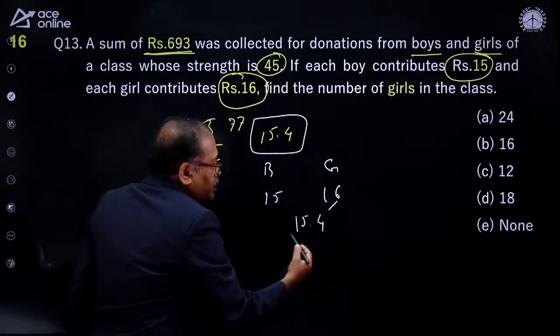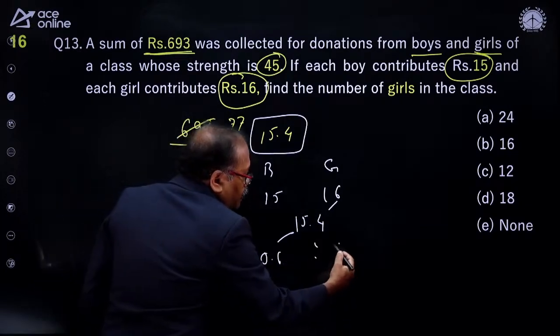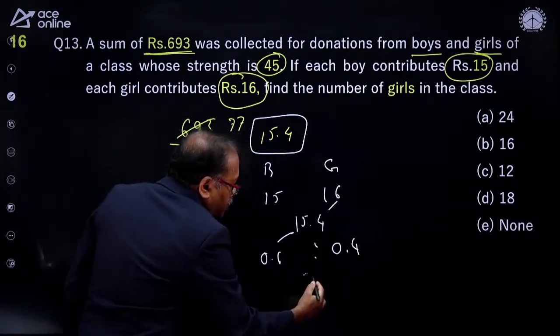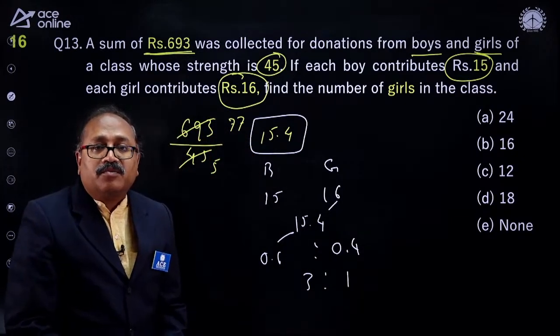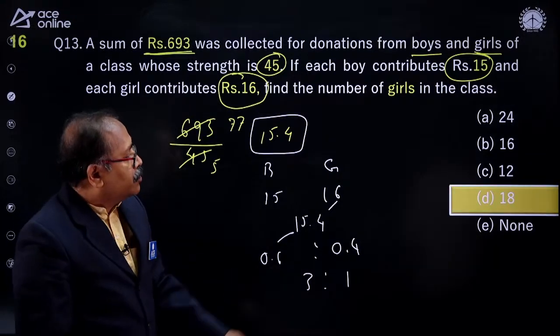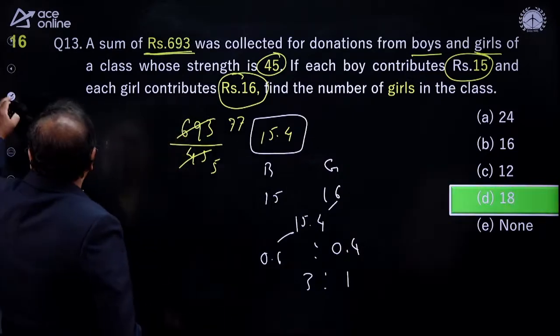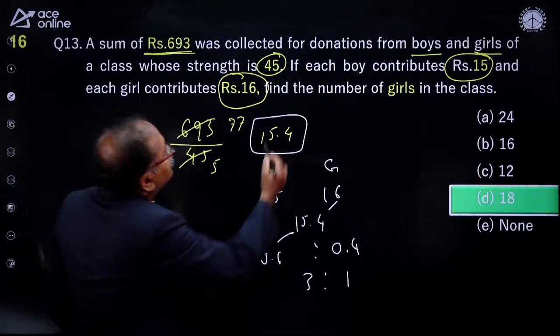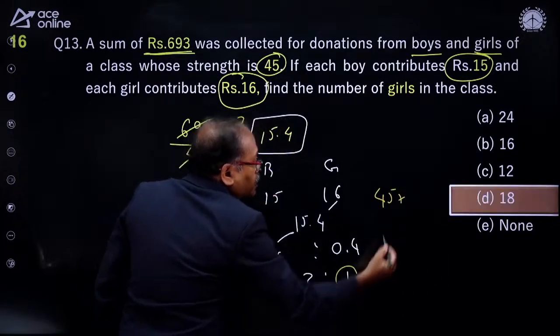18. Okay, let me check that. The difference over here is 0.6, and here it is 0.4. This is 3:2, so we got the ratio of boys to girls. Let me check who said 18 is correct. Yeah, that's right. Well done, sir. From here onwards, 45 students are there and I need the girls' part.